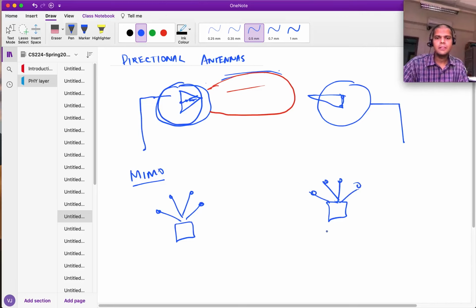By using these cleverly, you can build in some amount of directionality, and you can get better signals received at this end. There are other advantages to MIMO too, besides just having directional signals. And now the latest thing is something called massive MIMO.